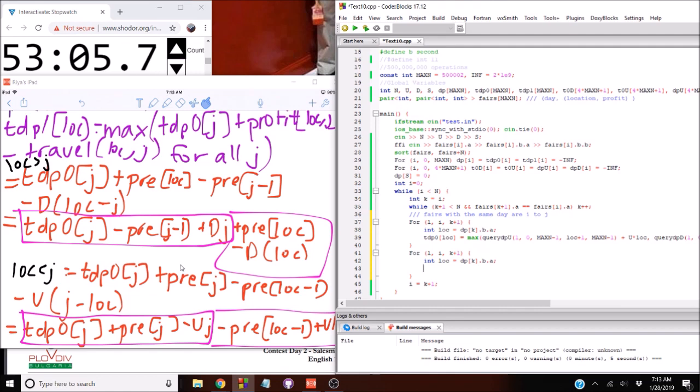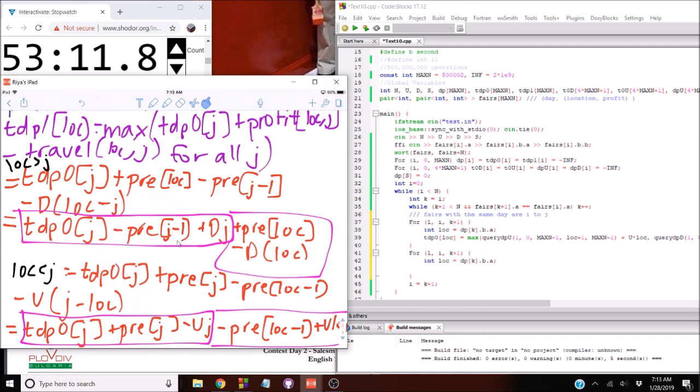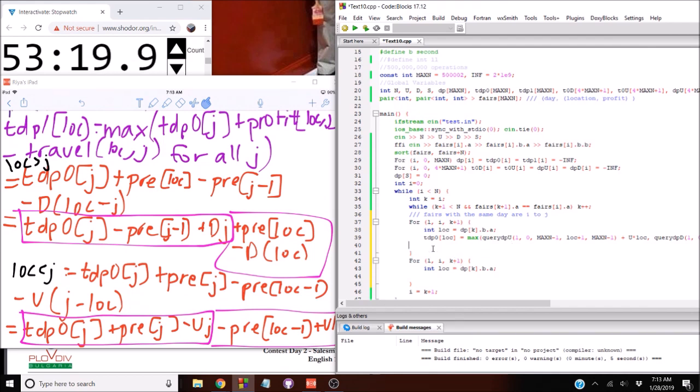Oh yeah, and we also have to update the value in the seg tree. So, okay, so it looks like we don't even need a TDP0 array. We just need to update the value in the seg tree.